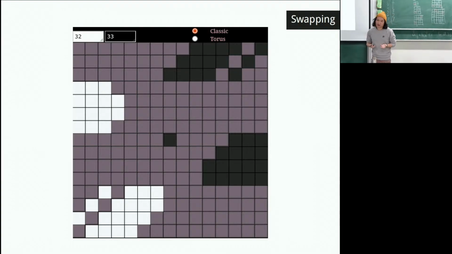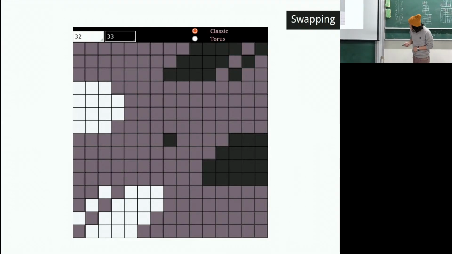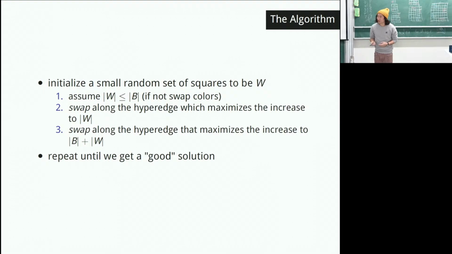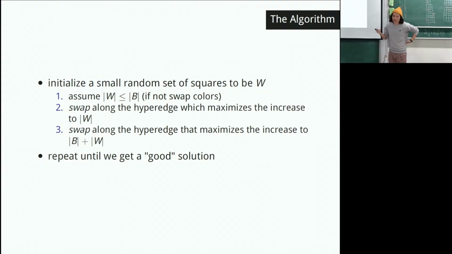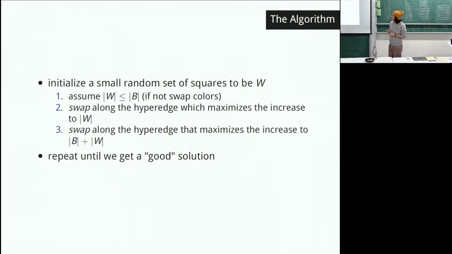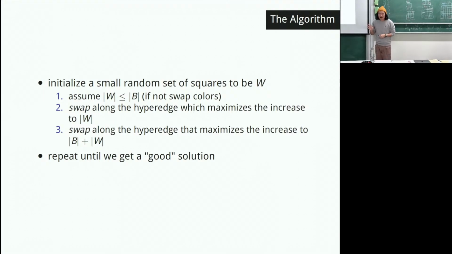And this is the key concept in the algorithm. It's not really that complicated. We start with some random assignment of white queens. Let's assume that there are fewer white queens than black queens. And then we just do a swap to increase the number of white queens. We also do something maybe counterintuitive.